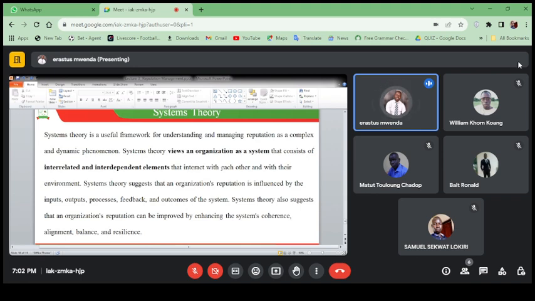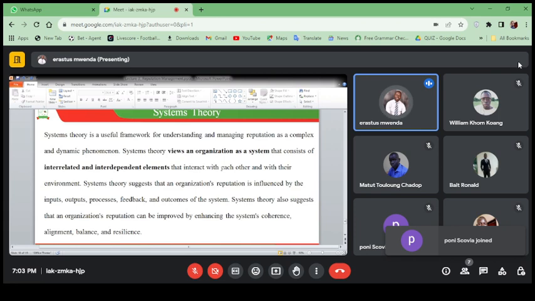So the concept of the systems theory will never change, even if you are looking at it from a different perspective. It is simply emphasizing that there must be interrelationship and interdependence within an organization for us to have a very good reputation. All systems must be working and working properly.